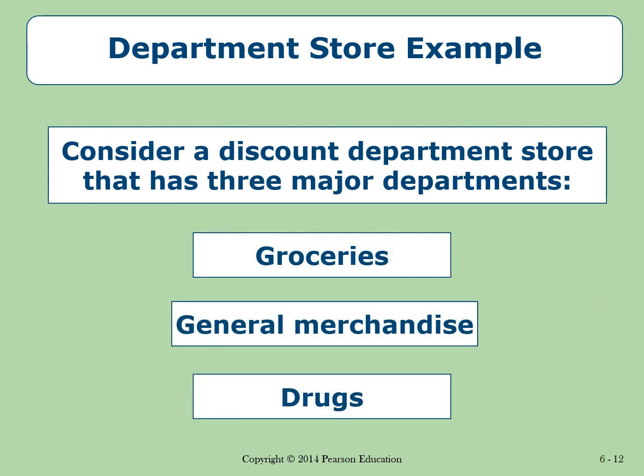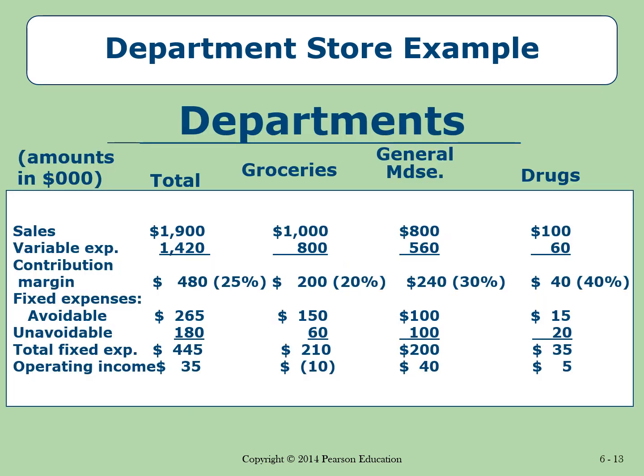We have a supermarket with three different departments. One of them is a grocery, the second is general merchandise, and the third is drugs. If we look, we will find that the store is providing the following financial data.